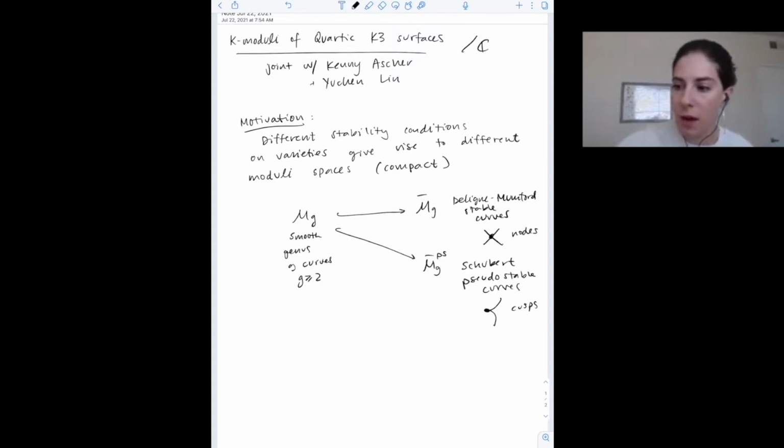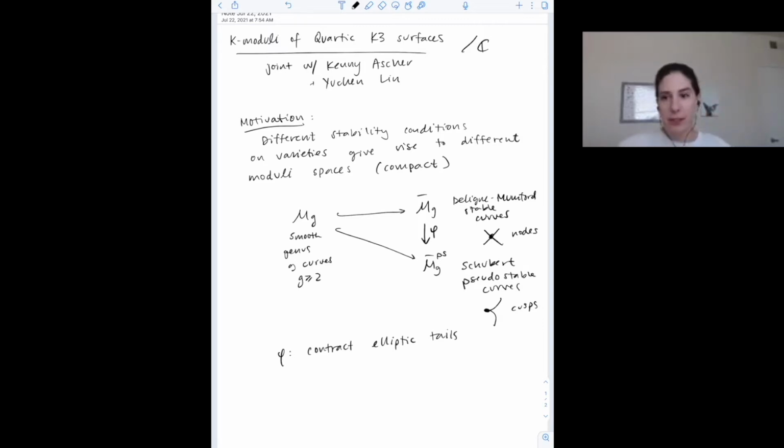And part of the story between these two moduli spaces is that there's actually, in this case, an actual morphism between the spaces, and it has a very nice modular interpretation given on a family of curves. If you have a family of Deligne-Mumford stable curves, you can make this morphism by contracting any elliptic tails in the fibers.